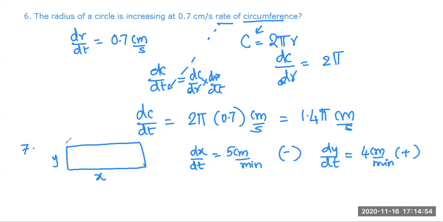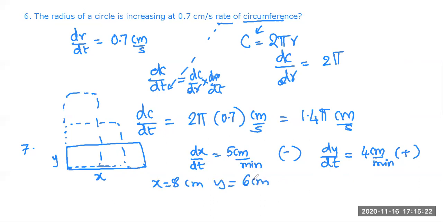So this is increasing like that, and this is decreasing like this, or it could be something like this, whatever. That's what is happening. So when x is equal to 8 and y is equal to 6 centimeters, find the rate of change of perimeter.